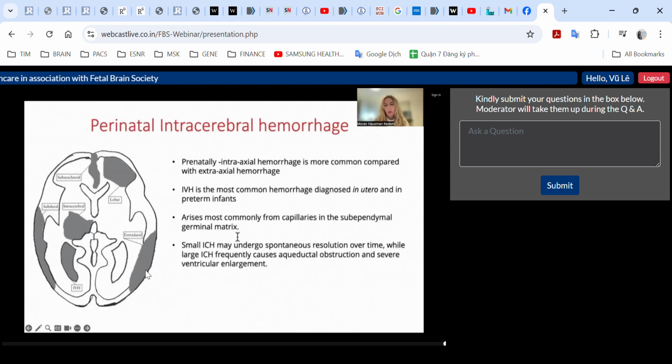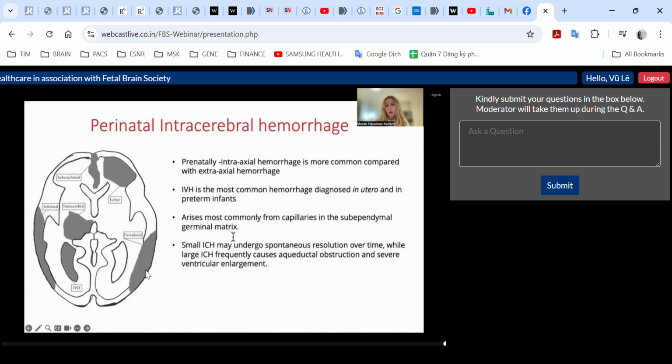And although there are often different patterns of hemorrhage and mechanisms, there are multiple commonalities between prenatal and postnatal intracranial hemorrhage. And in many instances, it is a continuum of the same disease. And therefore, although the data on prenatal intracranial hemorrhage is limited, we can retrieve a lot of information from the postnatal world and data.